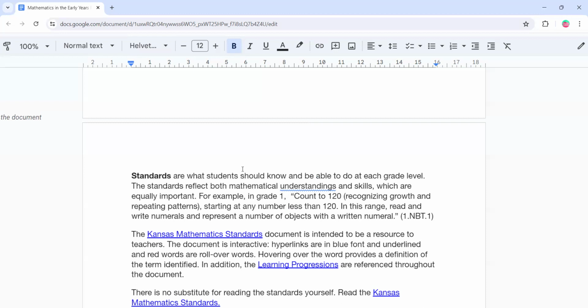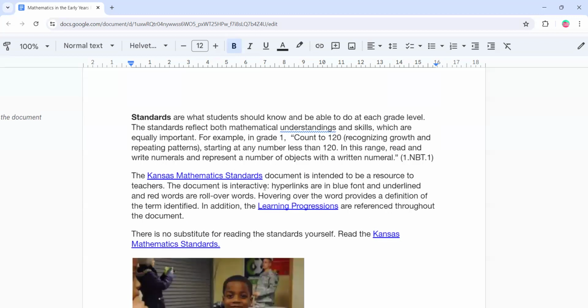Hovering over the word provides a definition of the term identified. In addition, the learning progressions are referred to throughout the document. There is no substitute for learning the standards yourself.